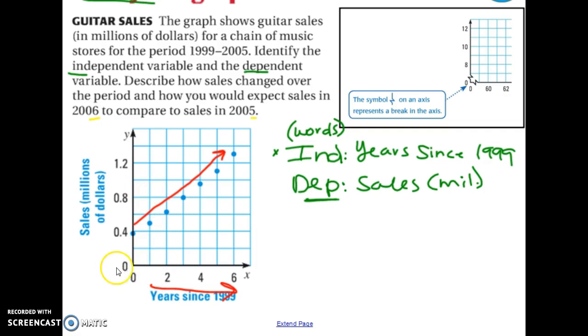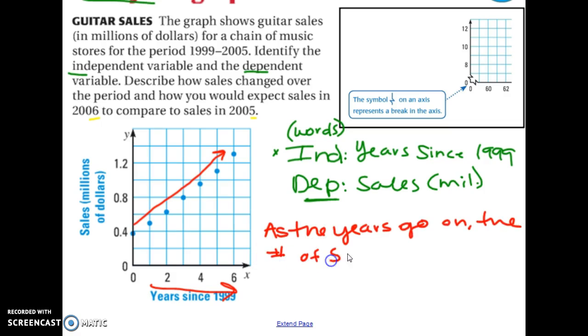You could say from year 0 to year 6, the sales increase from 0.4 to about 1.2 million. Variety of ways you can say this. I'm just going to say, as the years go on, the number of sales in millions goes up.